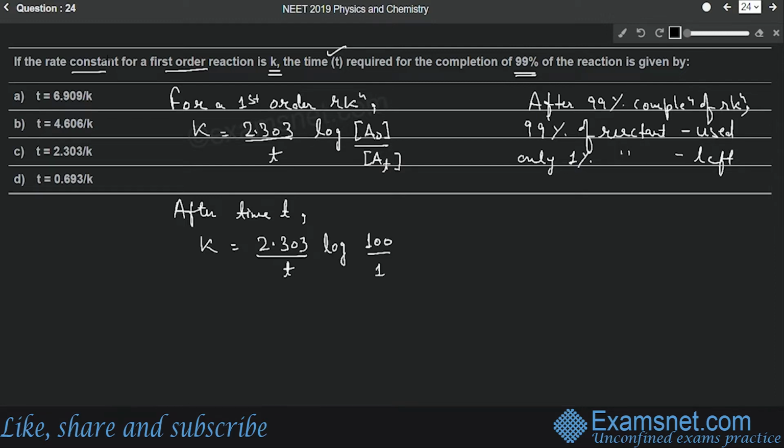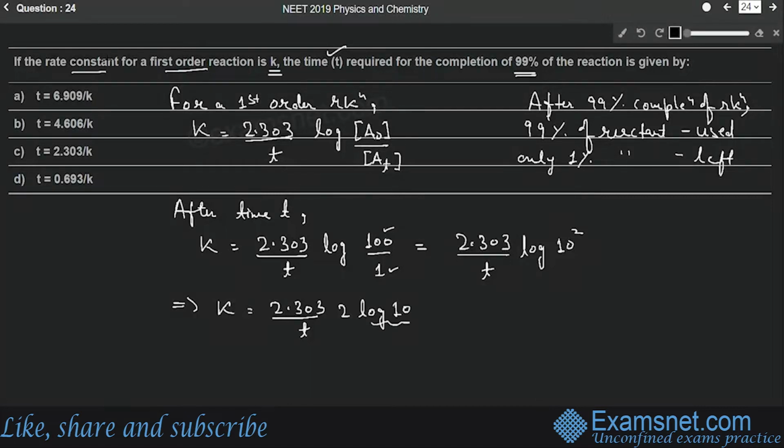That means if the initial amount of reactant is 100, then after time t only 1% of 100 will be left, that is only 1. So it can be written as 2.303 by t log 10 to the power 2, that is log 100. So K is equal to 2.303 by t times 2 log 10, and log 10 is equal to 1.